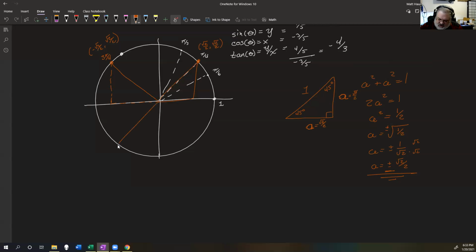What about down here at 5π/4? They'd both be negative values, but the same lengths, right? It's still negative square root of 2/2, negative square root of 2/2. Down here at 7π/4, it would be positive, negative. Positive, negative.